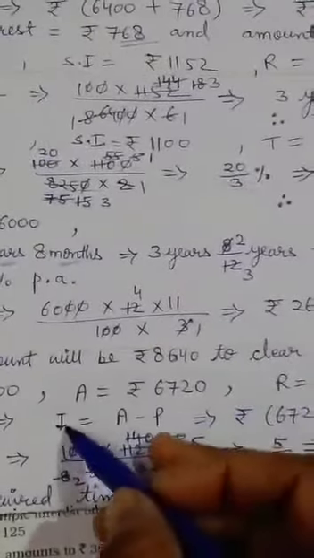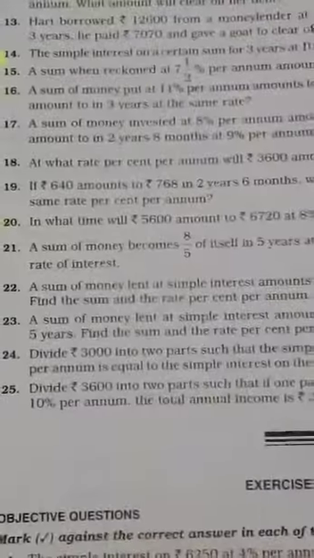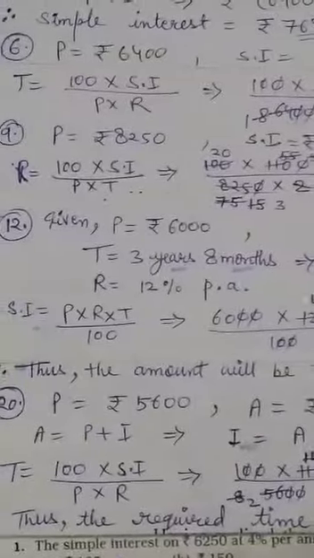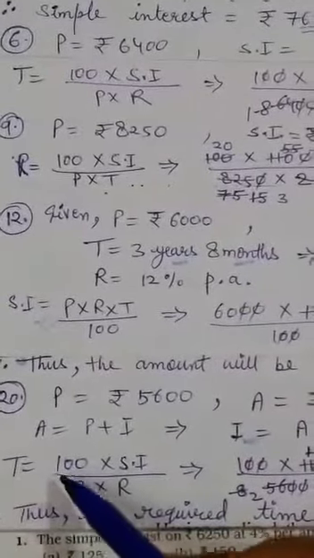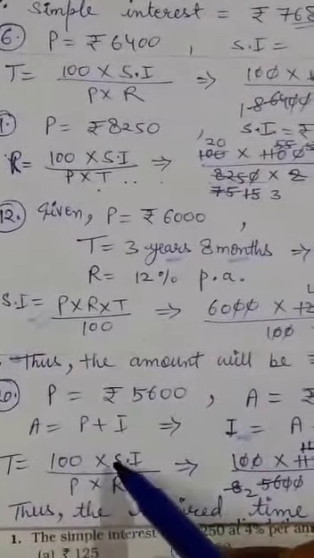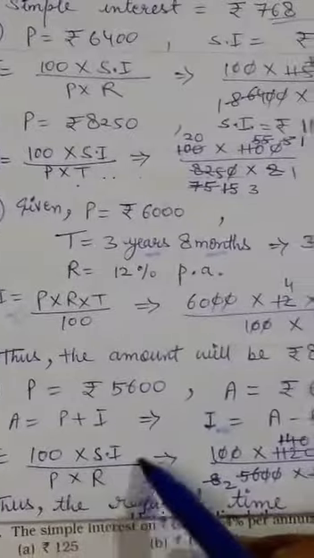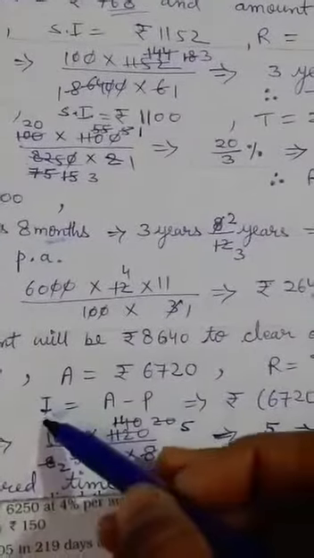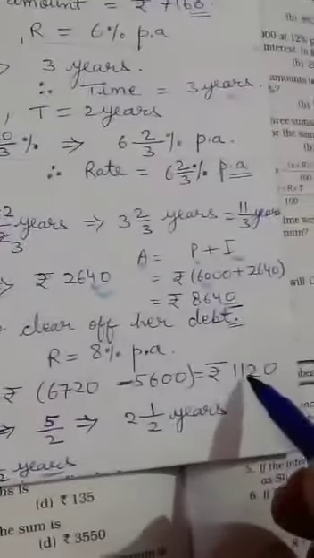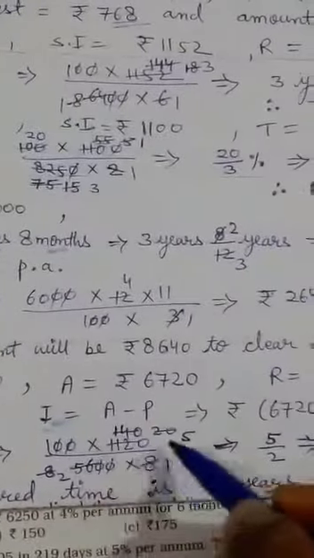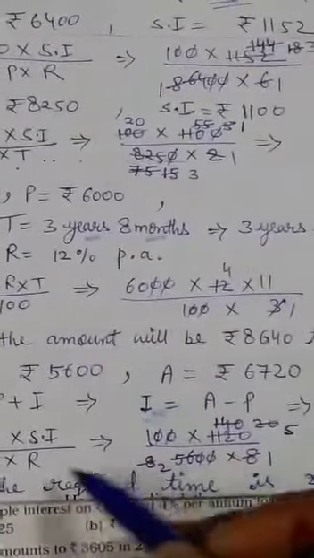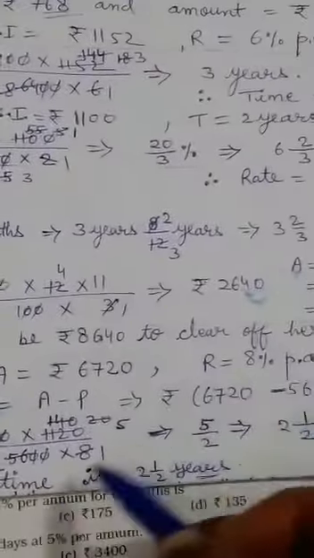That is interest. After that, what we have to find? Time. So use the formula for finding the time: 100 into SI upon P into R. 100 into your SI, that is interest, rupees 1120, upon principal 5600 into rate 8.